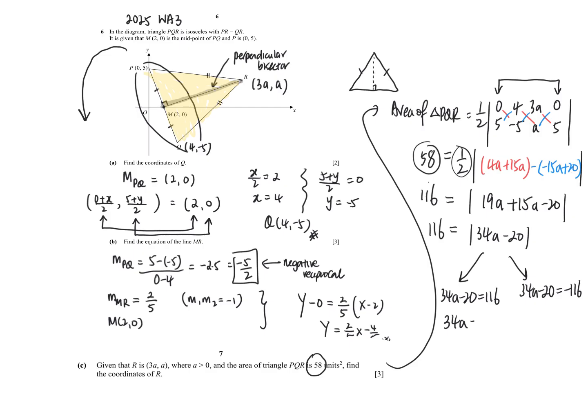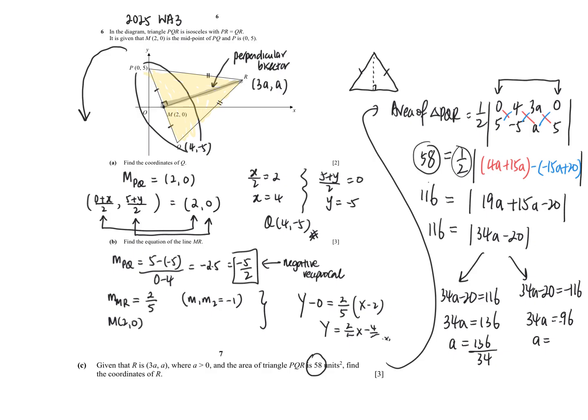So you solve accordingly. So this is 136, then you divide. The other one is negative 96, then you divide.